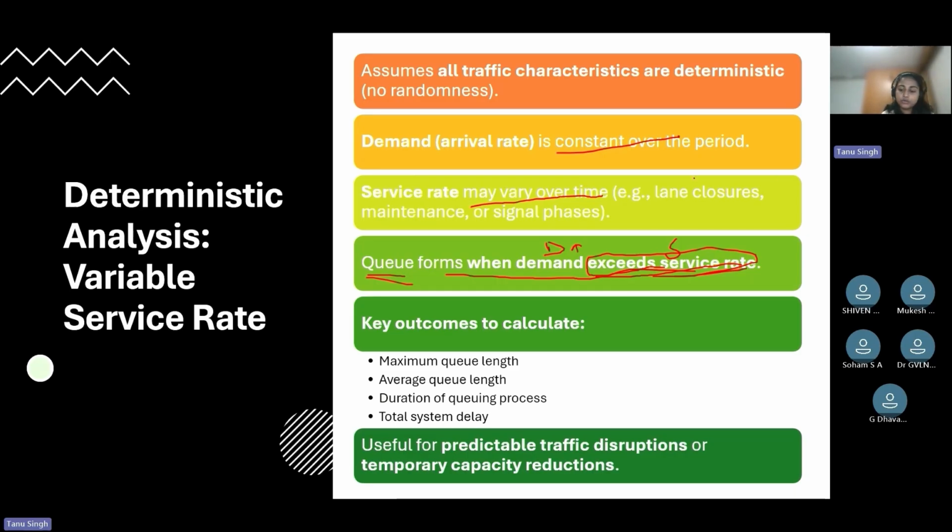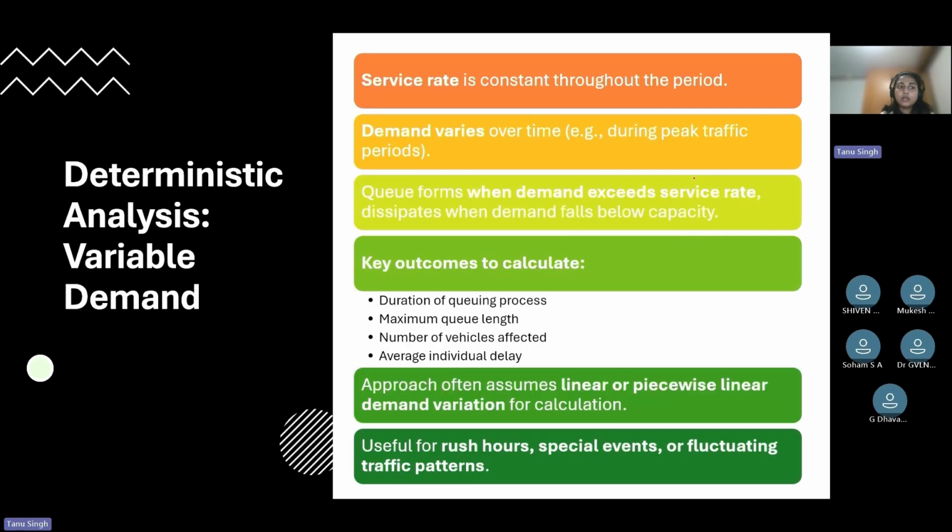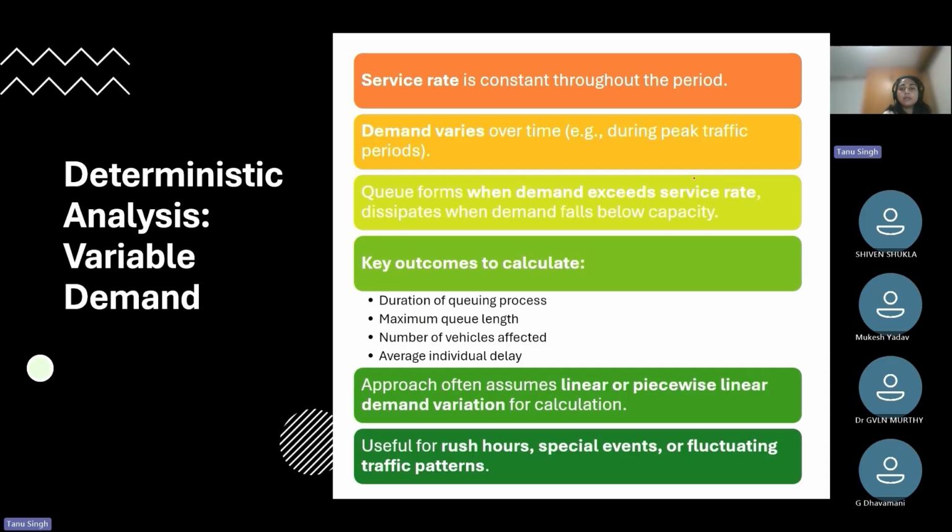Then coming to varying demand. In this case, the service rate is constant, but demand varies over time. Queues form when demand temporarily exceeds the available capacity, and they dissipate when demand drops below it.